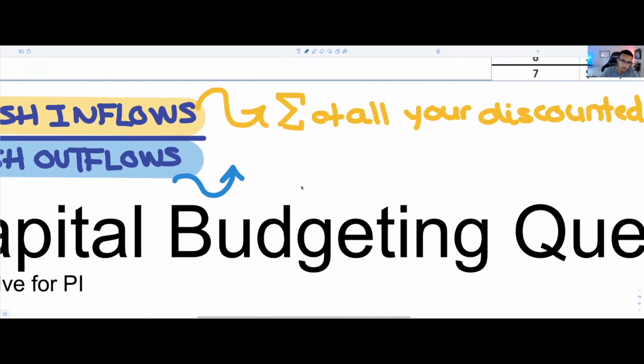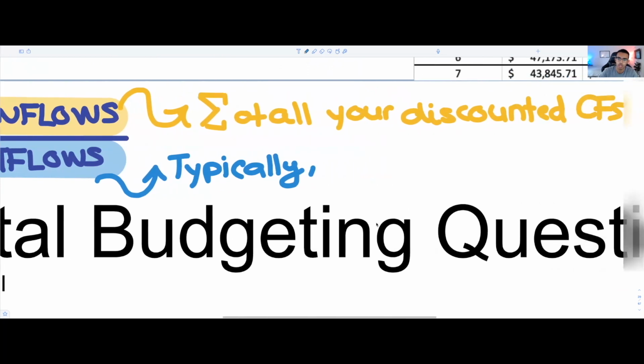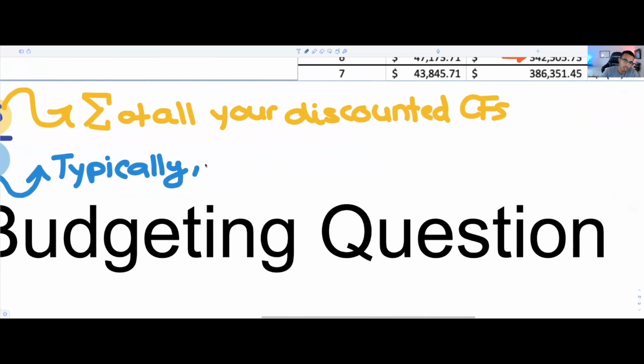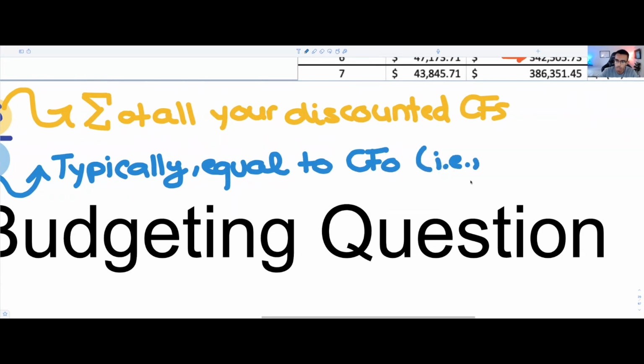So this is typically your initial investment. Typically your CF0. So we're going to say equal to CF0, i.e. your initial investment.